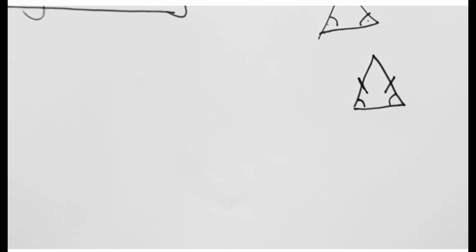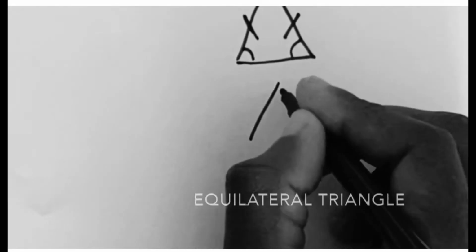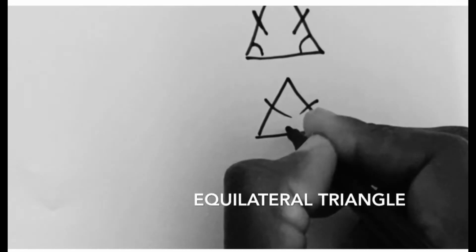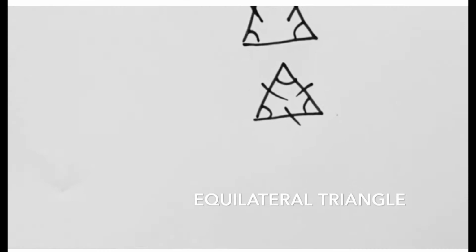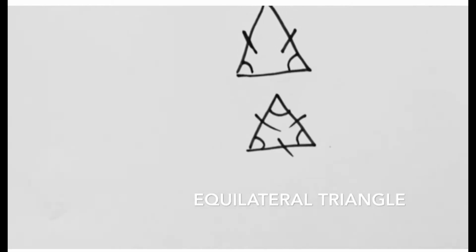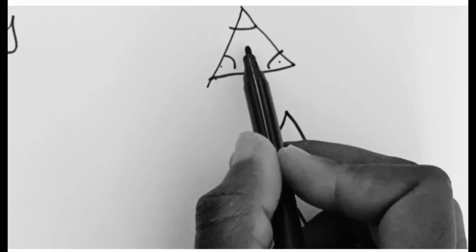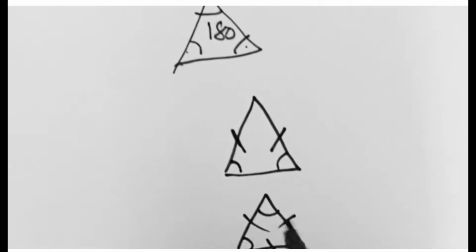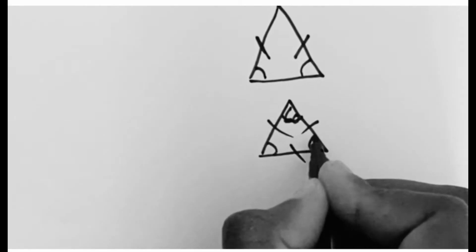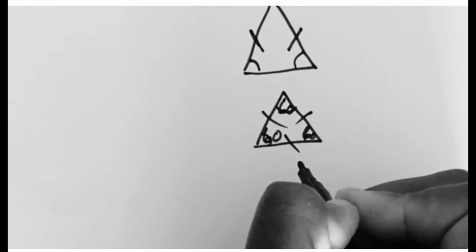Another type of triangle is what we call the equilateral triangle. An equilateral triangle is when all the three sides are equal to each other. Now, if all the three sides are equal, then it means all the angles are equal. And we know that inside a triangle, any type, we should have a total of 180 degrees, so this has to be 60, 60, 60 for it to add up to 180.